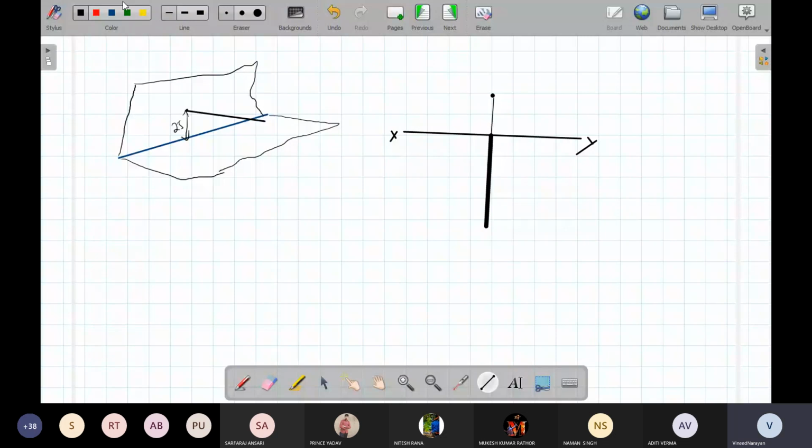Here both A dash and B dash are the same, whereas in this case A, B. Its length you can give 75 mm, and it is 25 mm above the horizontal plane. Okay.